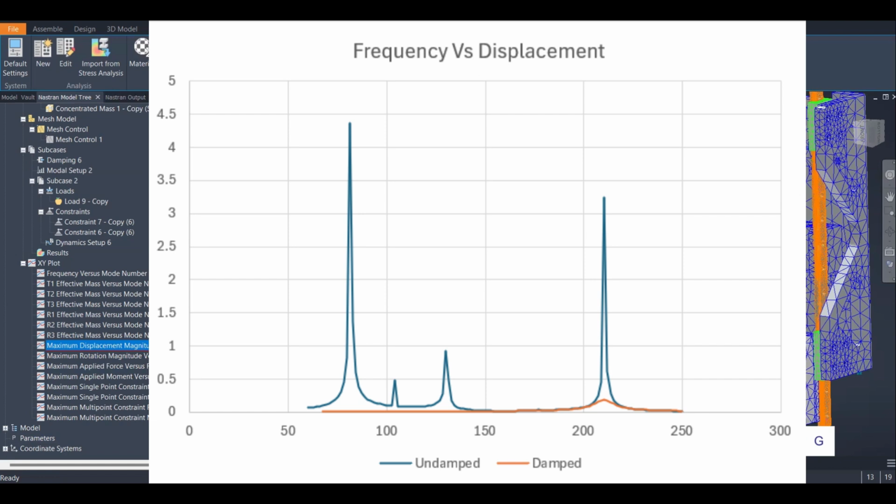So let's take a look at this graph. This one is showing an undamped, that is clearly the one that is having a huge magnitude of more than 40 millimeters, and the one that is damped. So there are many things to see in there. One is that the damped is removing the other frequencies that were suggested by the undamped system.